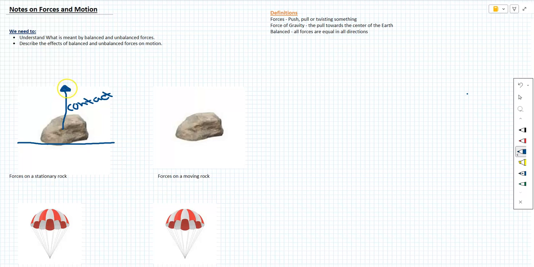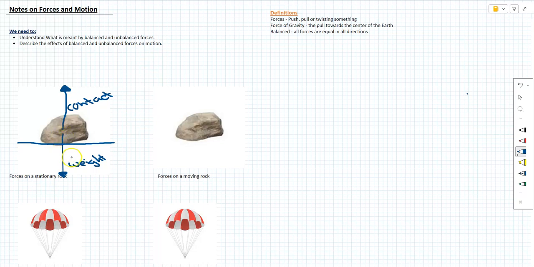And then we have a downward force called gravitational pull, or weight.